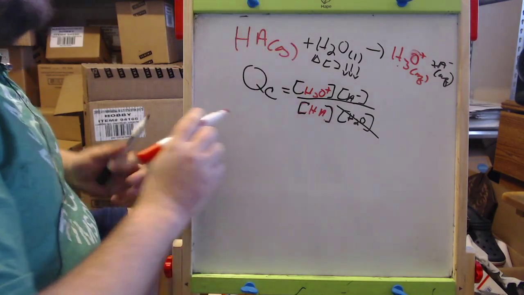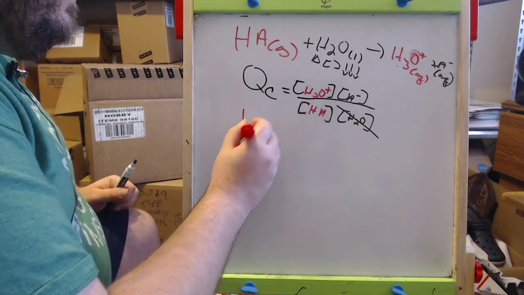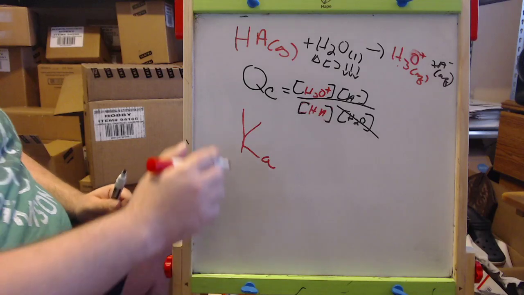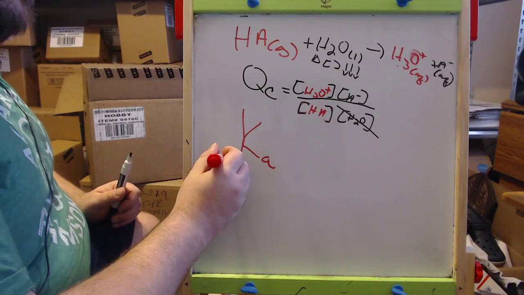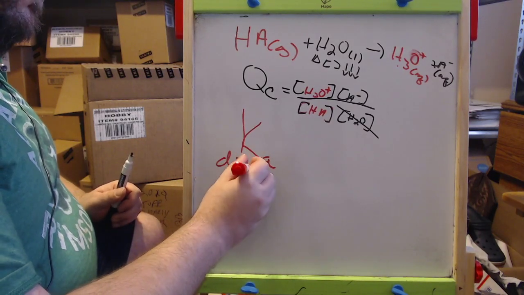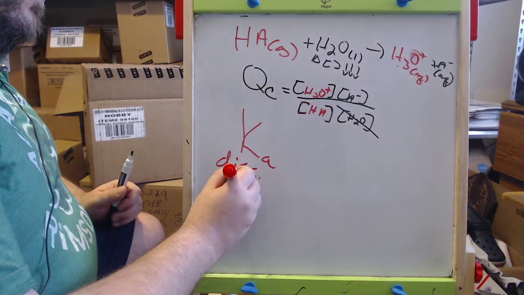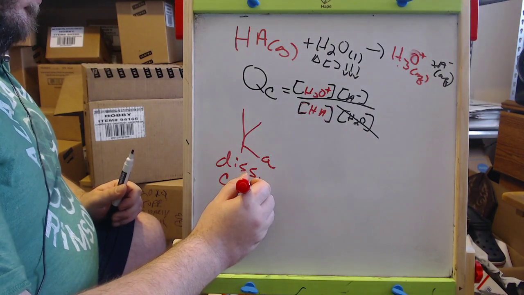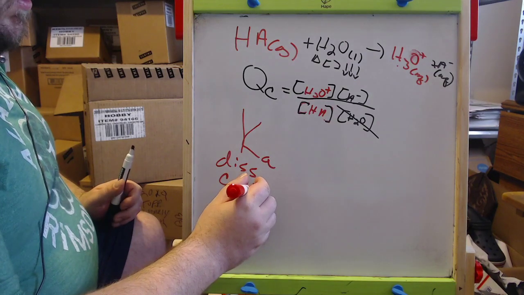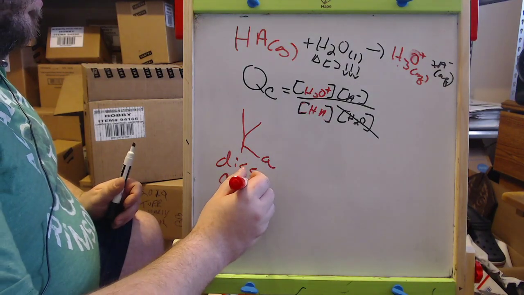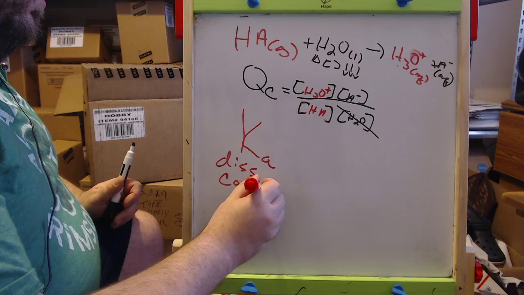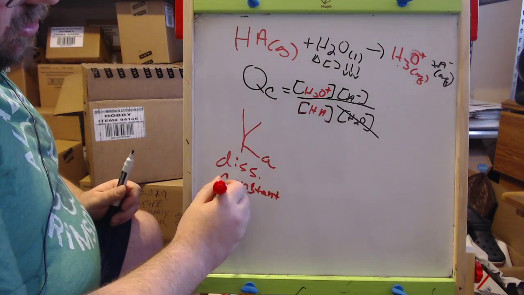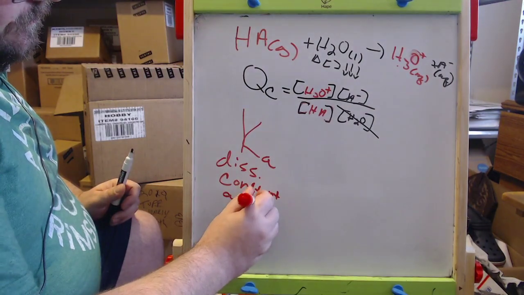For acids, we use something known as Ka. Ka standing for the dissociation constant of an acid.